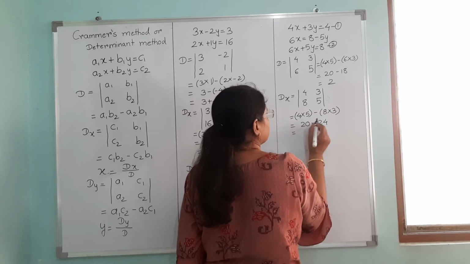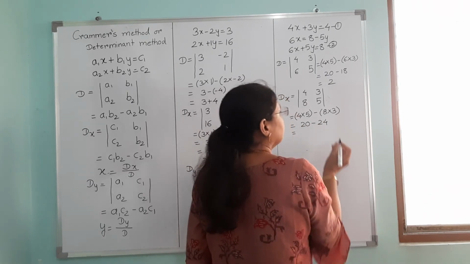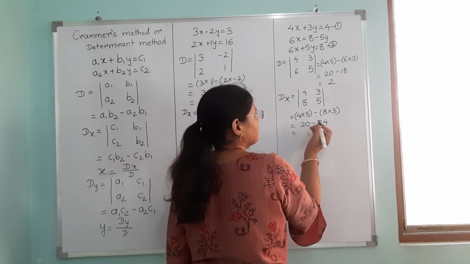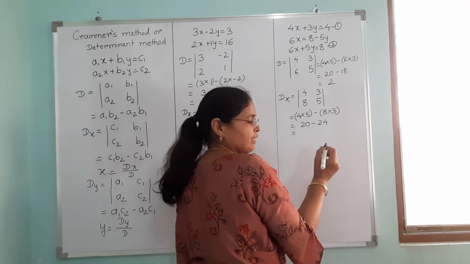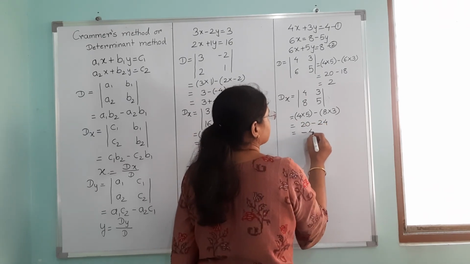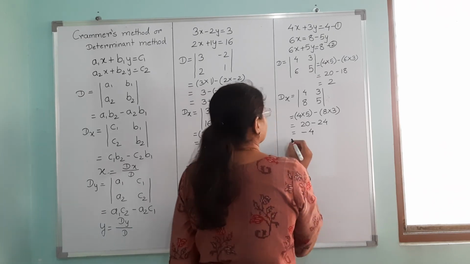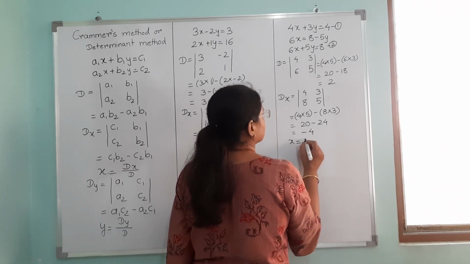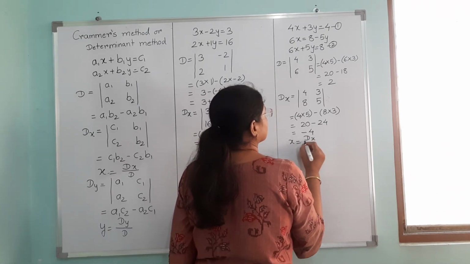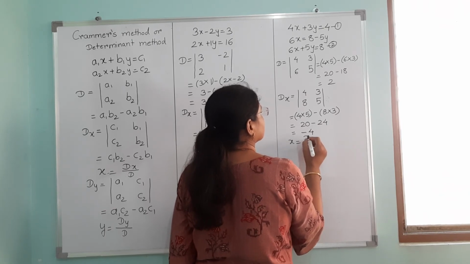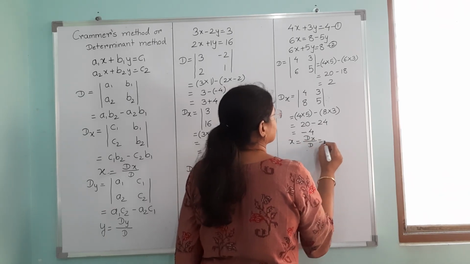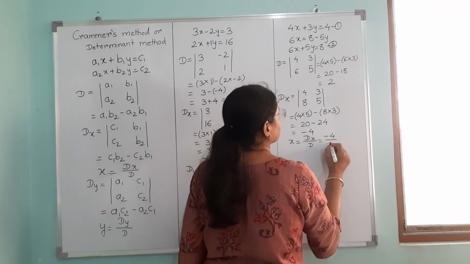As 24 cannot be subtracted from 20, we subtract 20 from 24 and get the sign minus, that is minus 4. Now to find the value of x, we have to divide the determinant dx by d, that is minus 4 upon 2.